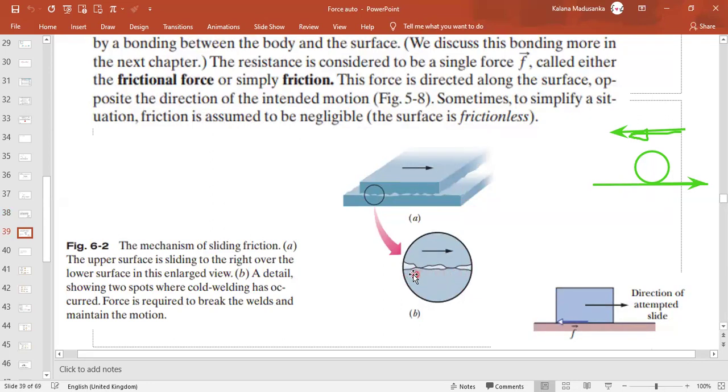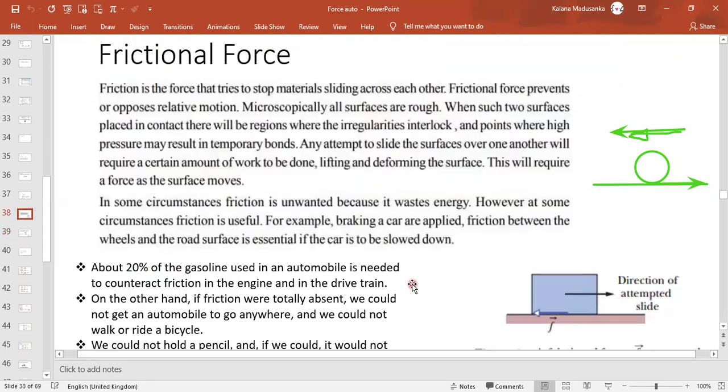Due to these irregularities, friction comes to life. And when these irregularities interlock, and at points where high pressure may result in temporary bonds, any attempt to slide the surface over one another will require a certain amount of work to be done, lifting and deforming the surface. This will require a force as the surface moves.